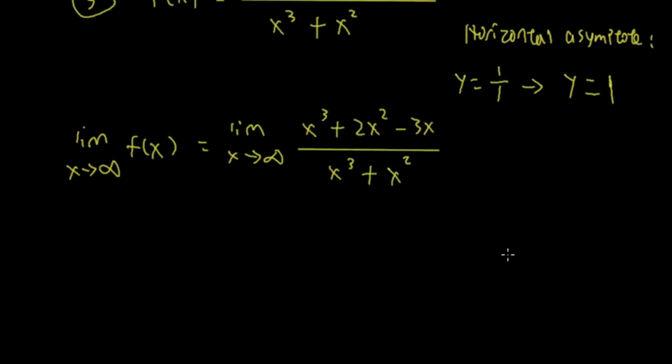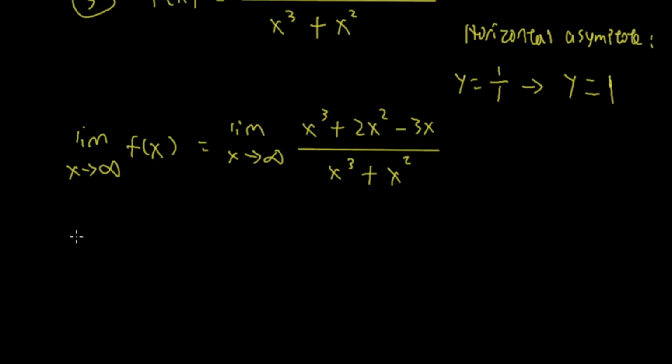Of course, you cannot directly plug infinity into x here, because you will get infinity over infinity, infinity cubed over infinity cubed. That's not the answer we want. So what we have to do is divide the top and the bottom by x cubed to get rid of the x cubed here. Then we can put in the infinity.